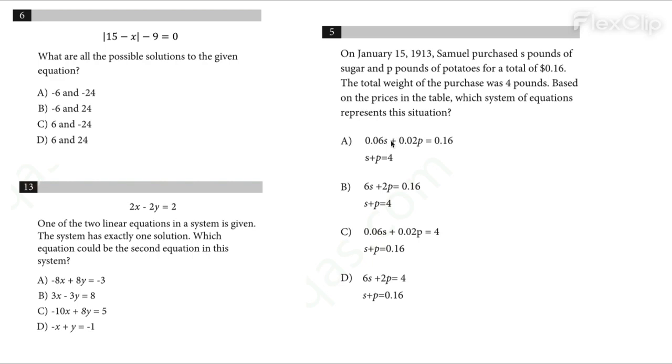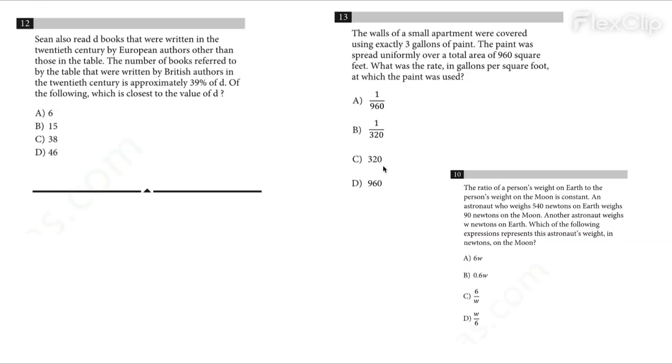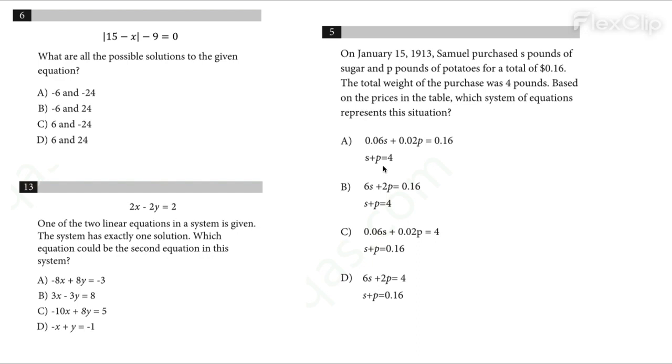And it looks like A has that option, B has that option. It's going to be one of those two, because C and D have an S and P option, but that's just talking about adding them together, and that's more to do with the pounds. So that'll definitely not be those answers. It says the total weight was 4 pounds. So when they're added together, it equals 4 pounds.